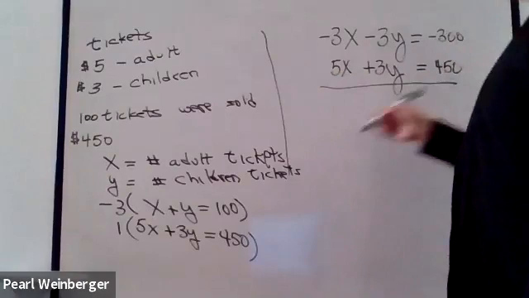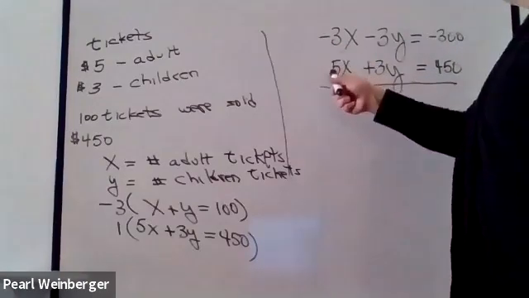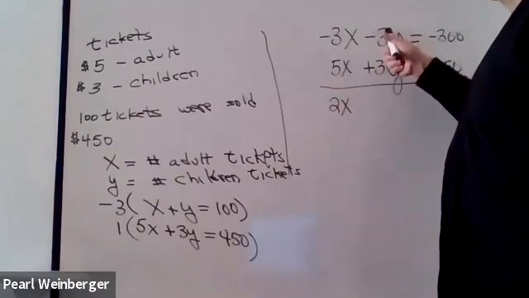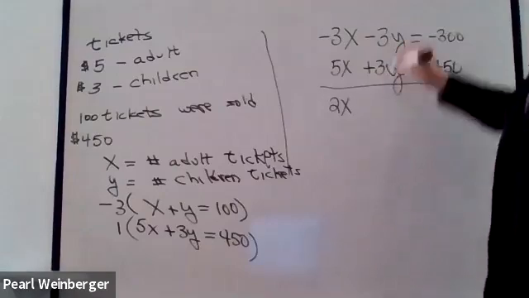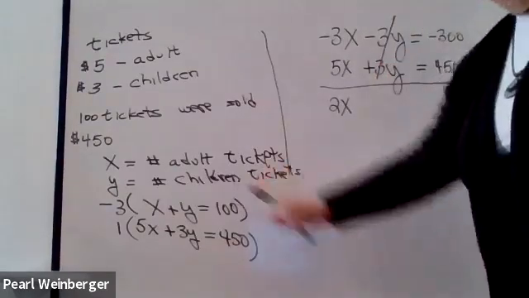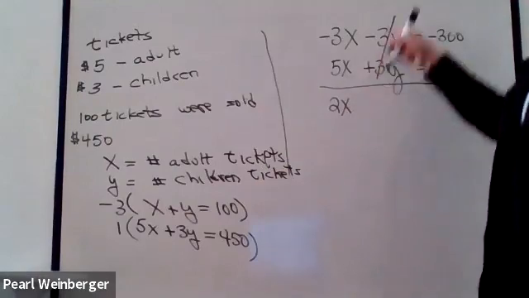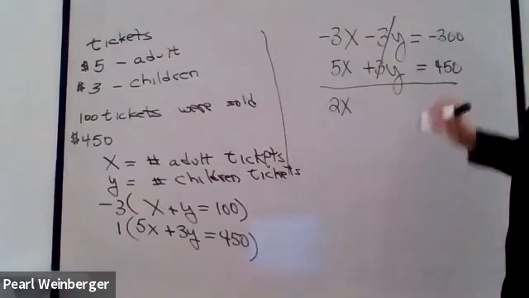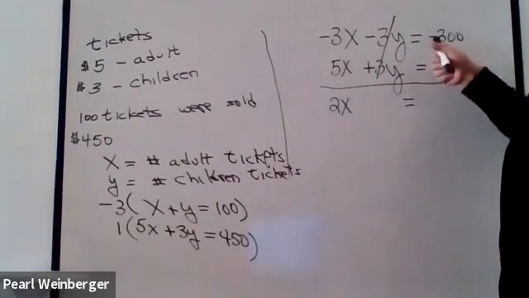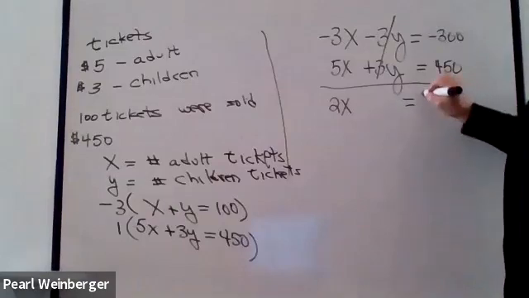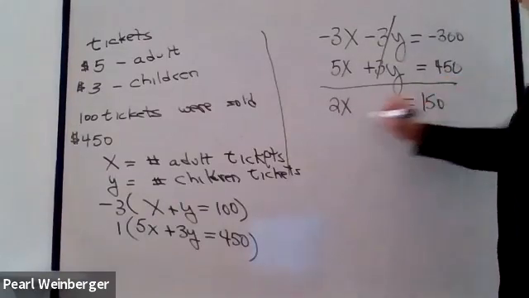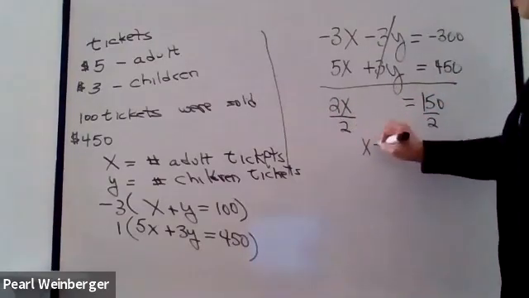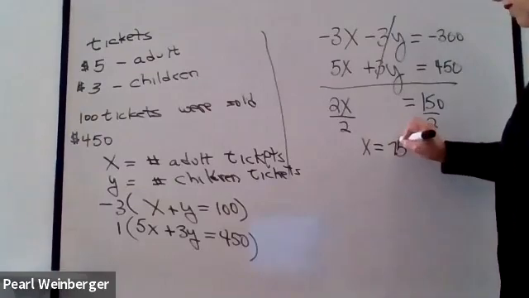And when I add these two equations down, negative 3x plus 5x gives me 2x. The negative 3y and the positive 3y cancel out. We said we wanted to get rid of the y's. That's exactly what we are doing by getting them to have opposite signs but the same number. And negative 300 plus 450 gives me a positive 150. And if I divide by 2, that gives me x equals 75.